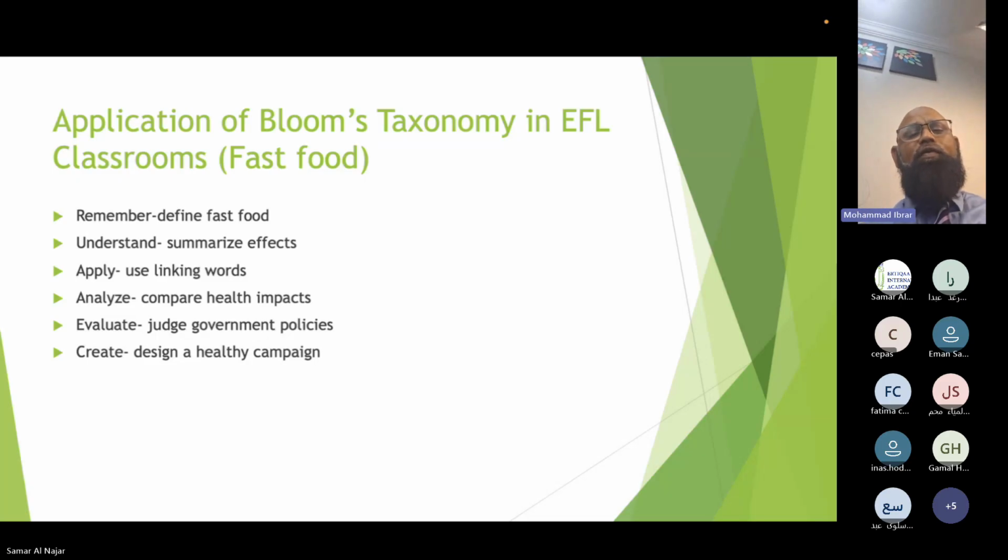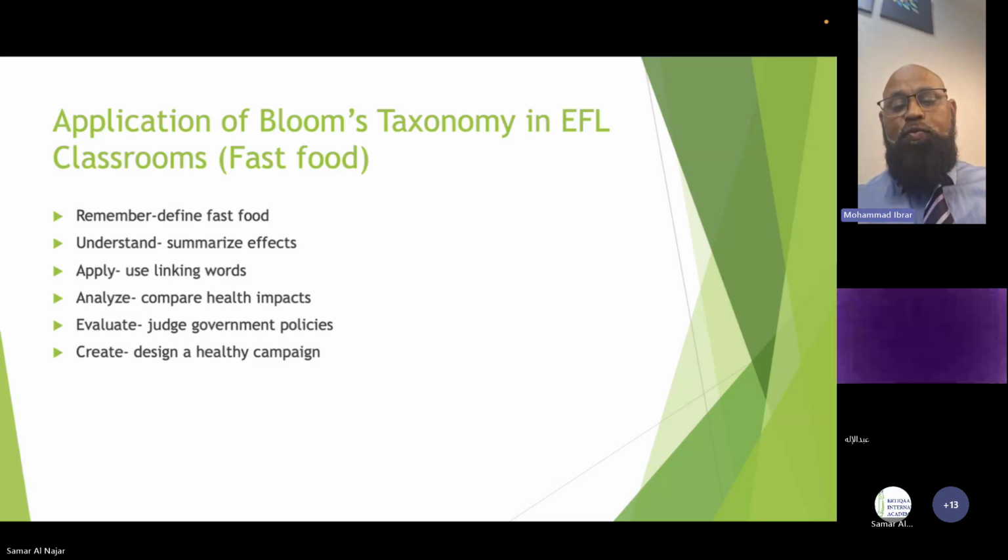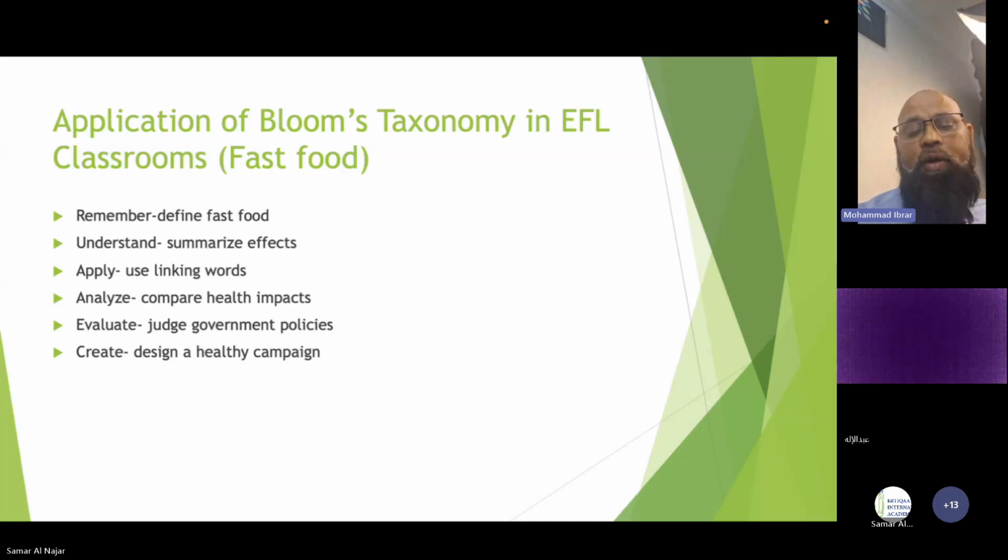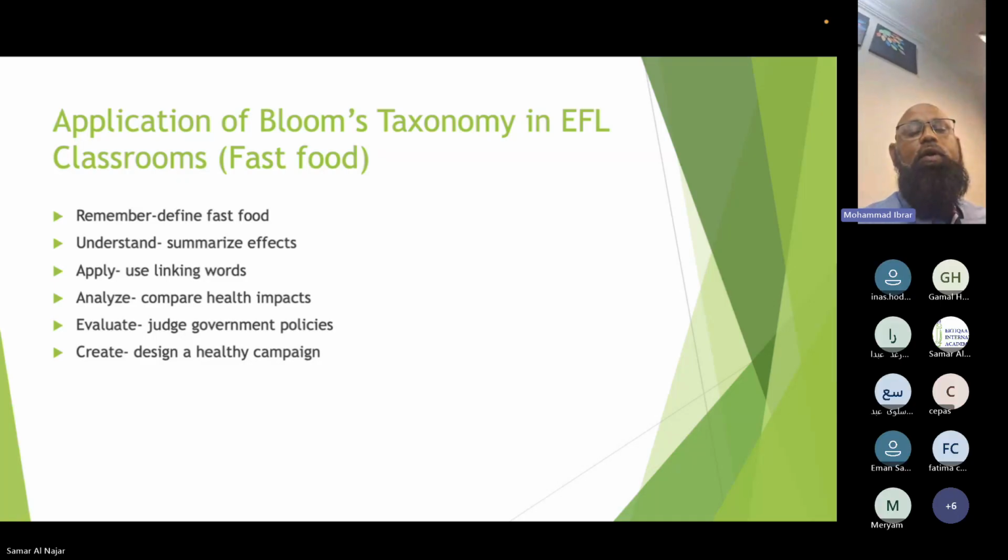Let me give you here an application of Bloom's taxonomy. How can we use Bloom's taxonomy in our EFL context? For example, remember: define fast food. So going from bottom to top, a bottom-up approach of Bloom's taxonomy.